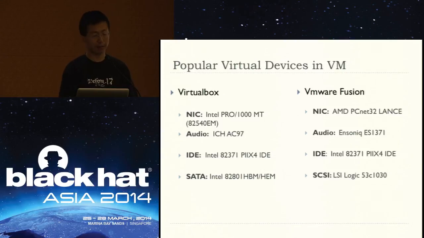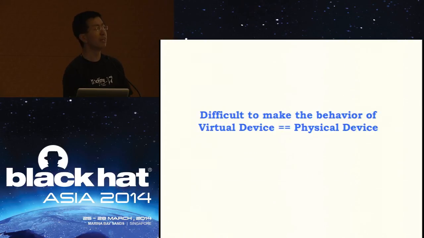When you run VirtualBox, your machine doesn't have to have an Intel E1000, but VirtualBox mimics that. So there are tons of devices they can do. So I'm not saying they cannot implement one that really mimics the Intel display or the NVIDIA display or whatever. However, it's really difficult.